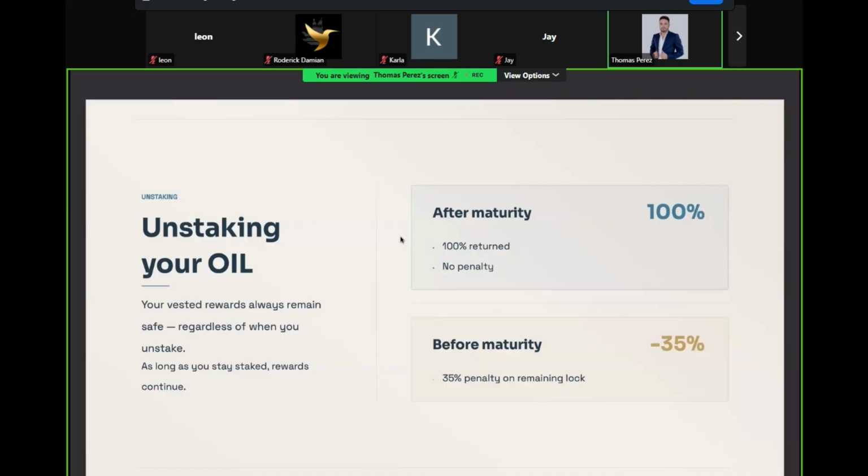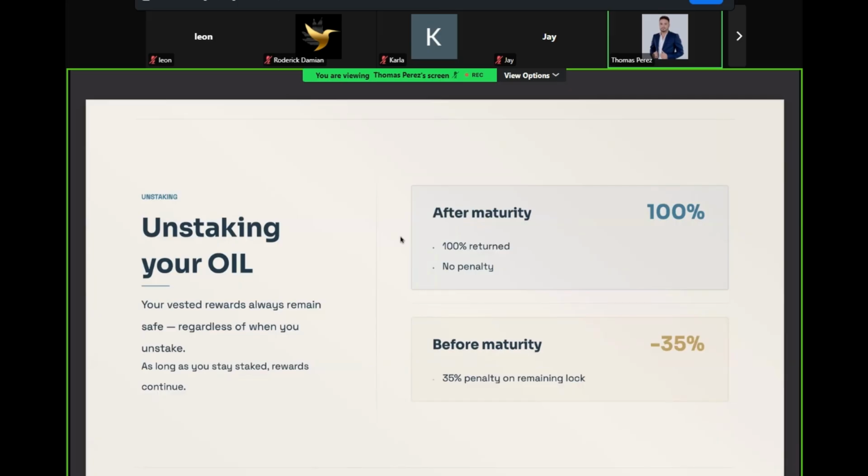Now the unstaking function. And let's talk about your principal. You can withdraw your old token at any time. But again, timing matters. If you wait until maturity, everything is returned.